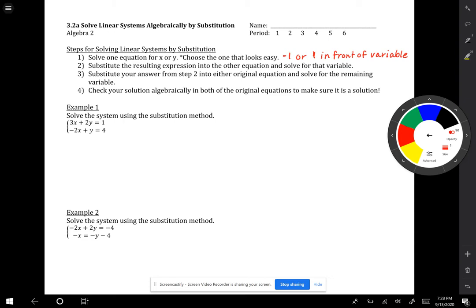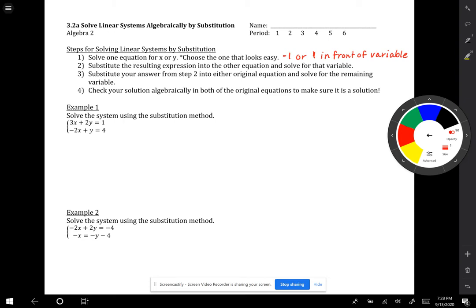So, step number 1, we are going to pick one of those two equations, the one that looks easiest and that has a 1 in front of it. If you look at the top equation, there's a 3 in front of the x and a 2 in front of the y, so we don't want that equation. The bottom equation has a negative 2 in front of the x and a 1 in front of the y, so we want the bottom equation.